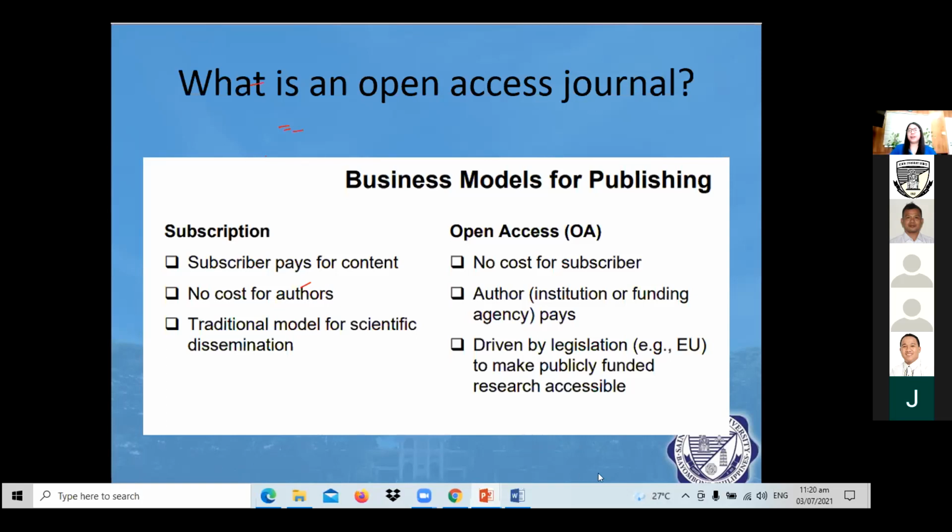So the author can, of course, access it, and other researchers can also access your paper. Most of my papers, or rather almost all, can be accessed. It is open access.